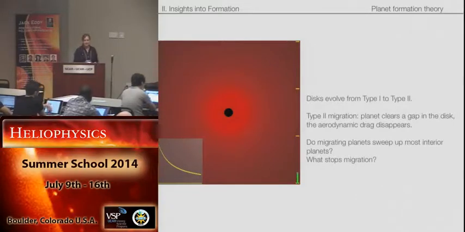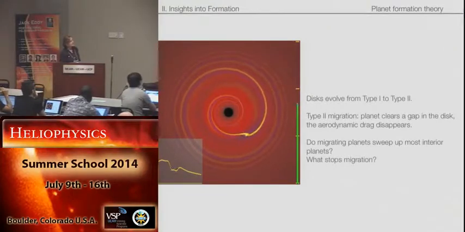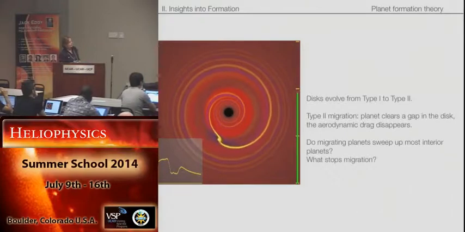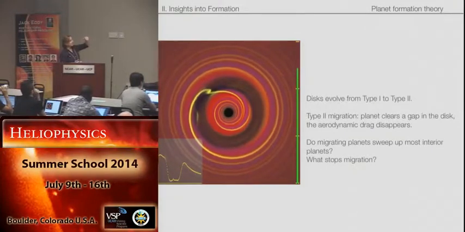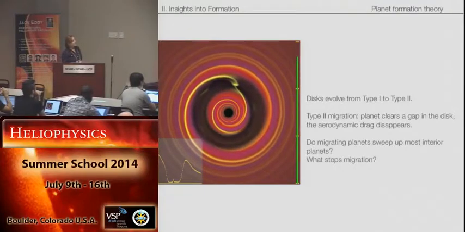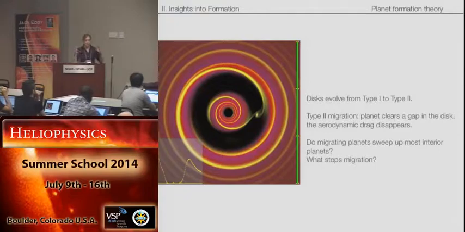Here is a model from beginning sort of to end. Disks evolve from type 1 into type 2 migration. So you start out with these spiral waves being set up in the disk. You can see that as the planet is growing, the spiral waves actually serve to dump more material onto the growing planetesimal. It clears a gap in the disk, right? And when it's in this sort of earliest phase, the type 1 phase, it feels this huge headwind as it's orbiting.